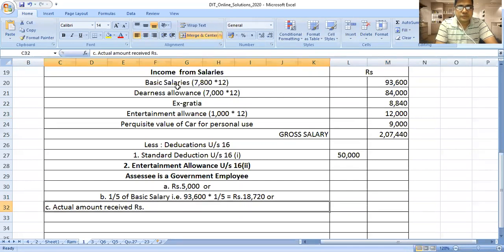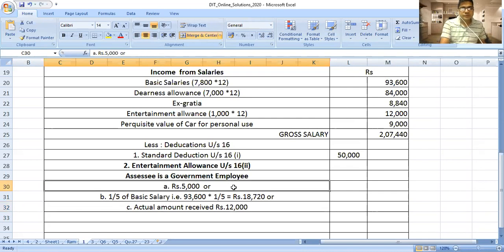The actual amount received is rupees 12,000. See friends, we got three figures here: rupees 5,000, rupees 18,720, and rupees 12,000.